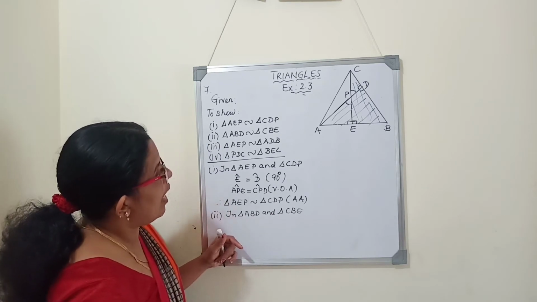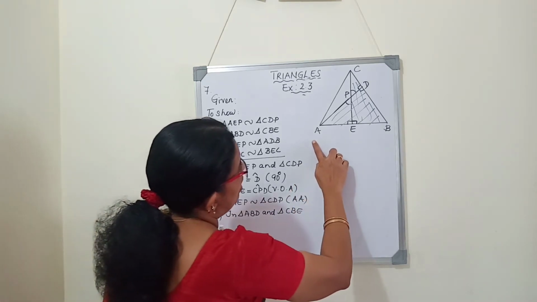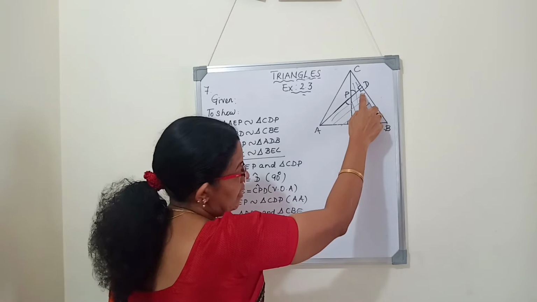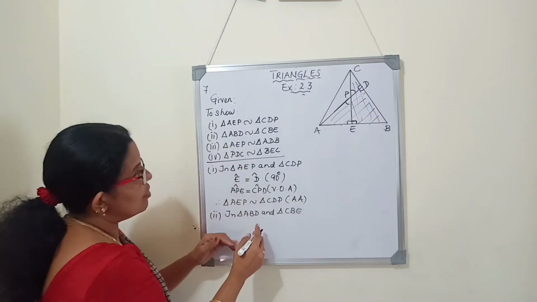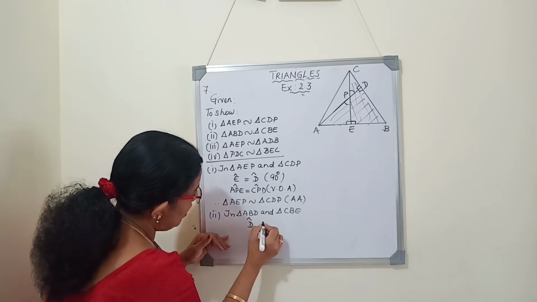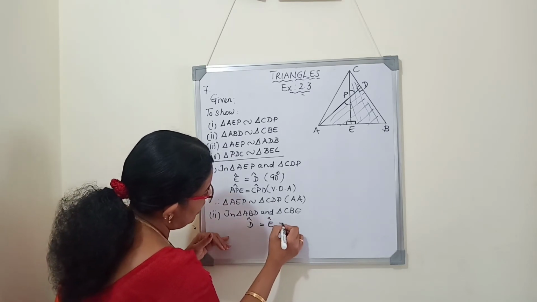In triangle ABD, angle D is 90 degrees and in triangle CBE, angle E is 90 degrees. So we can write angle D is equal to angle E, 90 degrees.